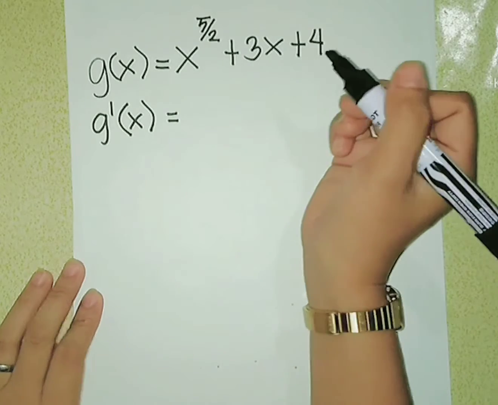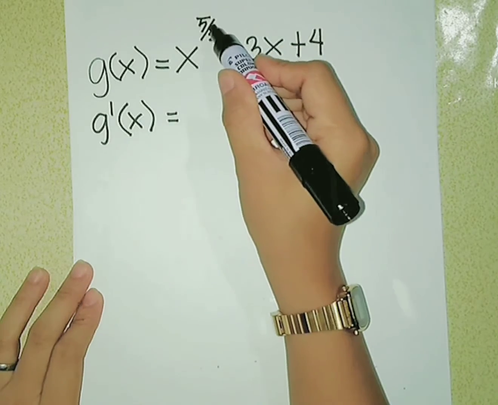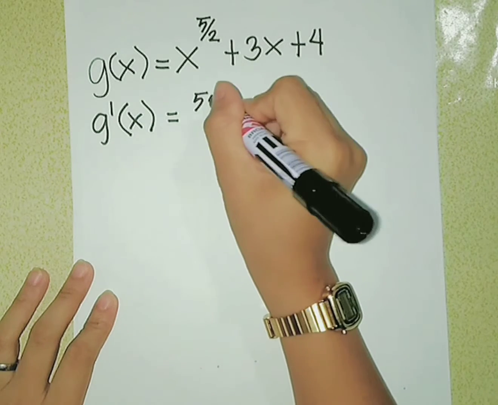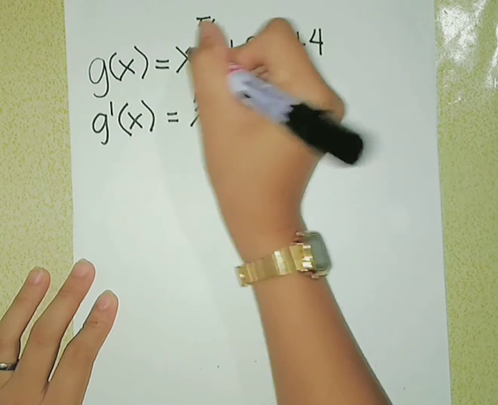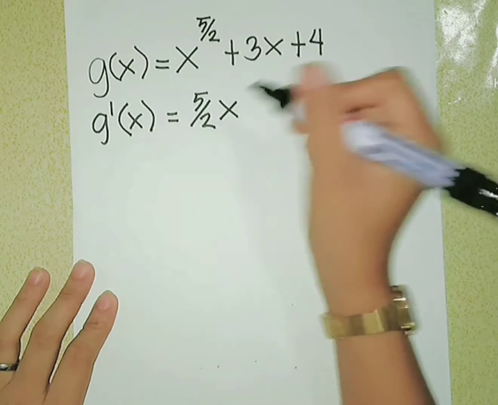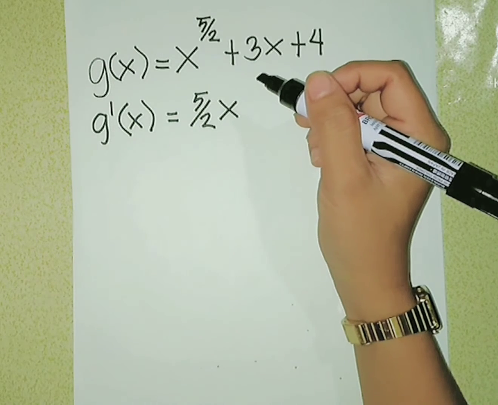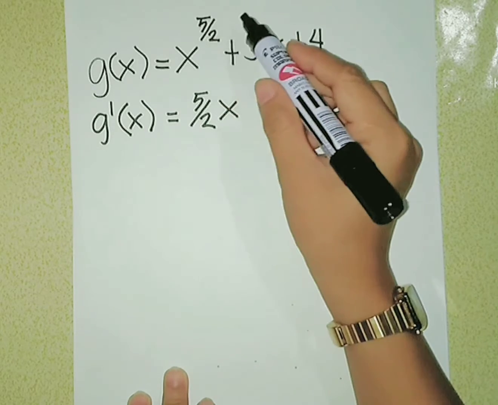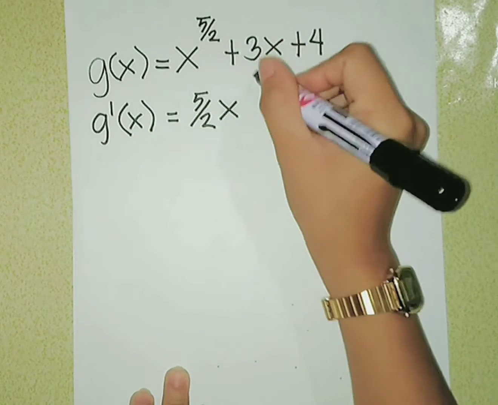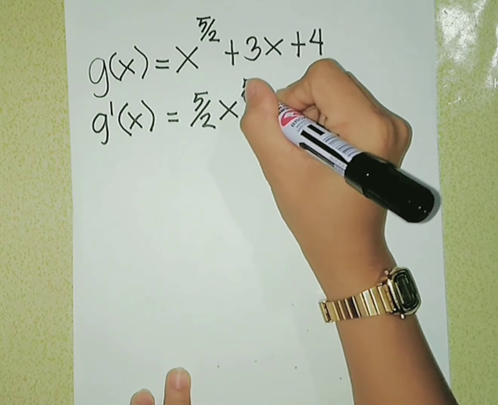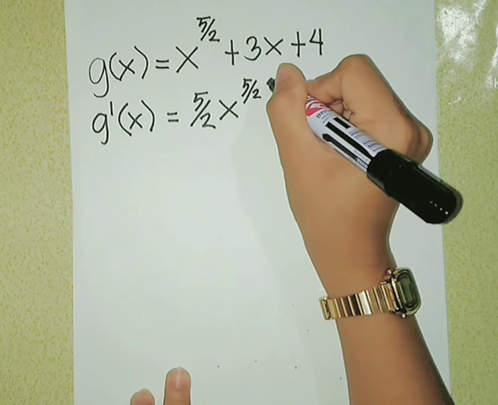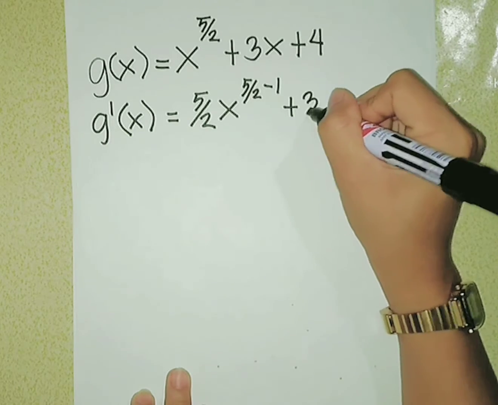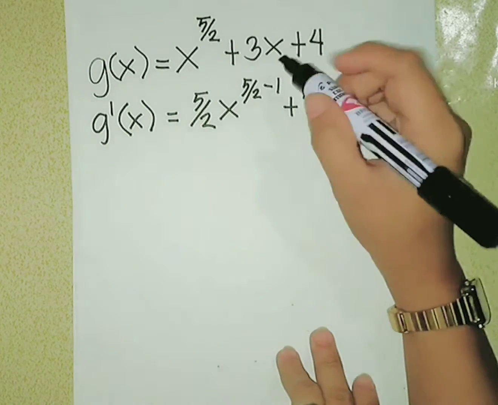equals, so the 5 over 2 just comes in front and then we multiply by x. So we have 5 over 2 times x, and then the exponent is 5 over 2 subtracting 1. So we have 5 over 2 minus 1 plus 3x.